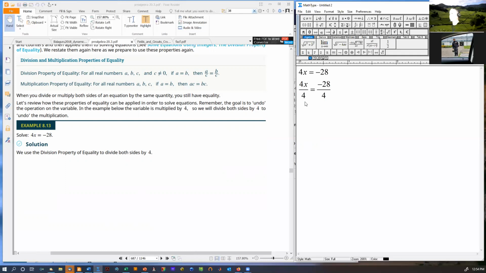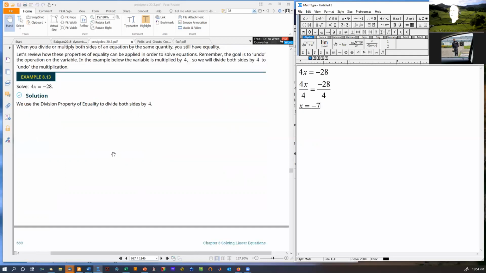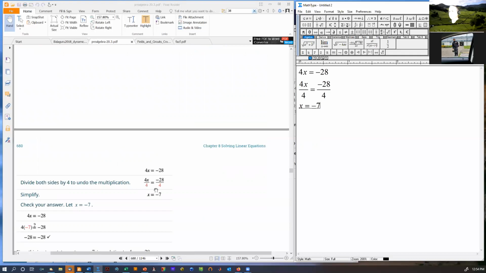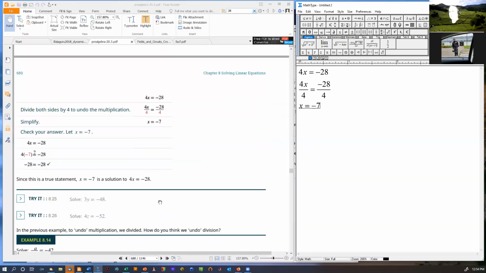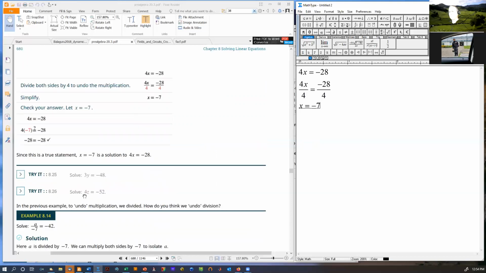Well, 4x divided by 4 is just x, and then negative 28 divided by 4 is equal to negative 7. So x equals negative 7, right? So you can use this division property of equality to divide both sides by 4, just like they've done here in the book. You get x equals negative 7. And you can go back in and check it, right?